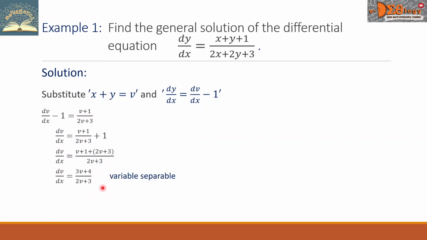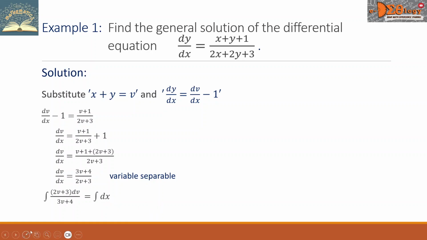From here, we will do variable separable. It means we will cross multiply, and it becomes like this. (2v plus 3), and this quantity multiplied by dv all over (3v plus 4) equals the dx.